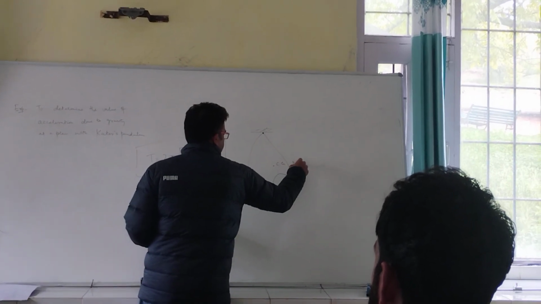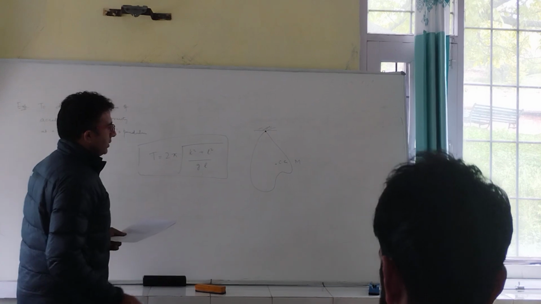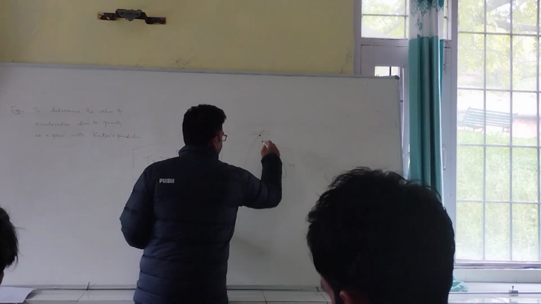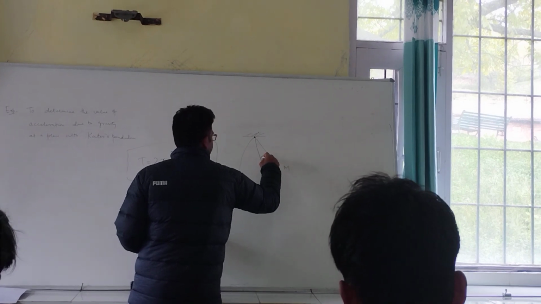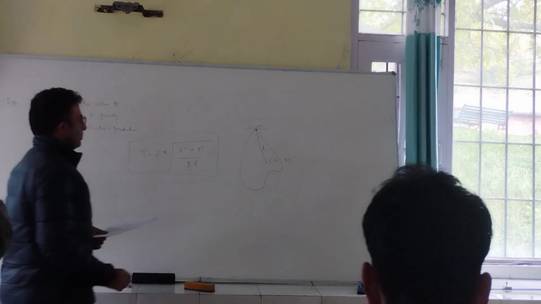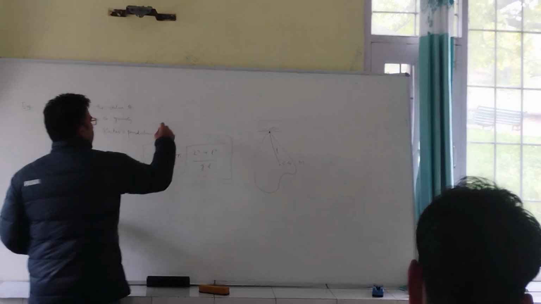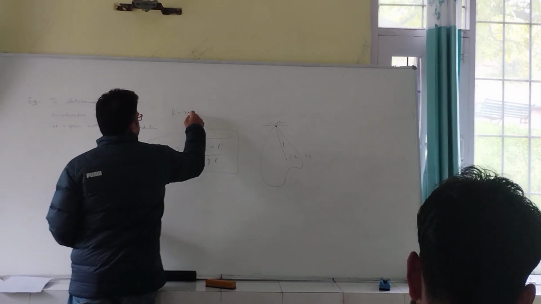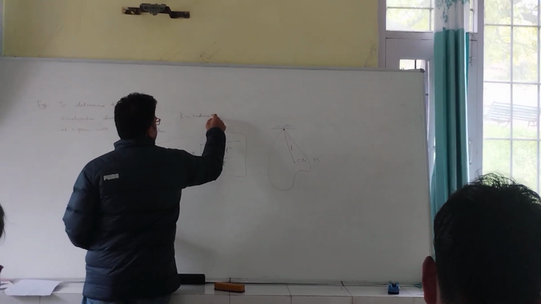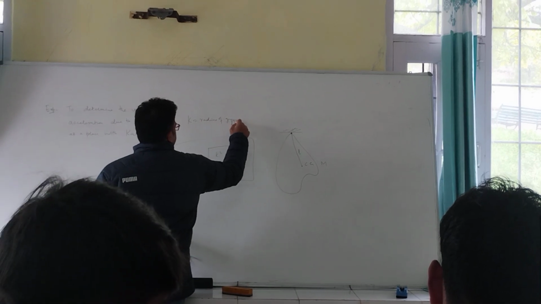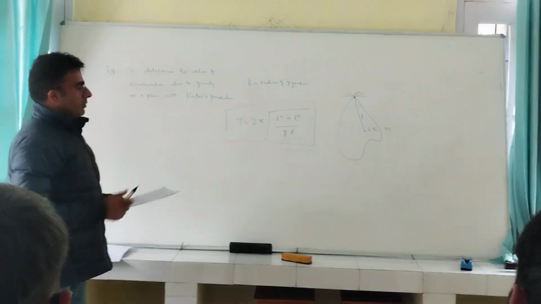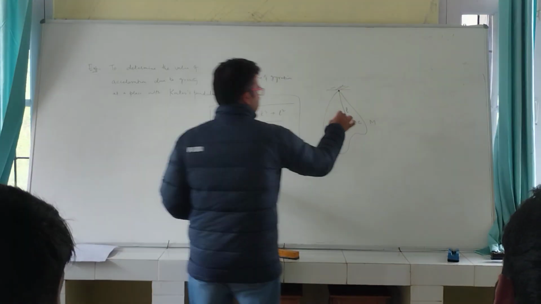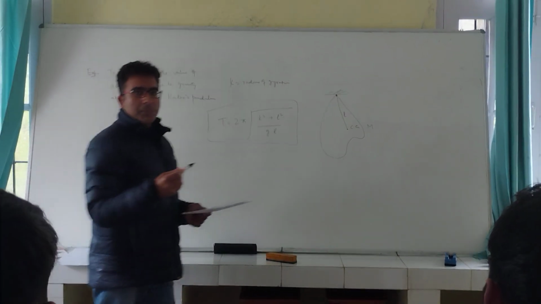If m is the mass of this compound pendulum, L is the distance from the pivot to the center of gravity. What is k? k is the radius of gyration about which axis?